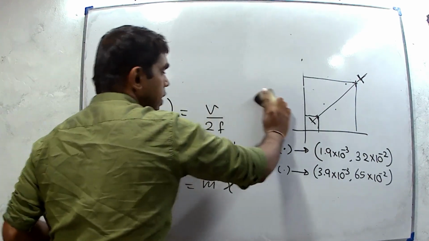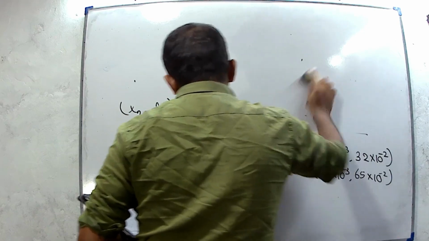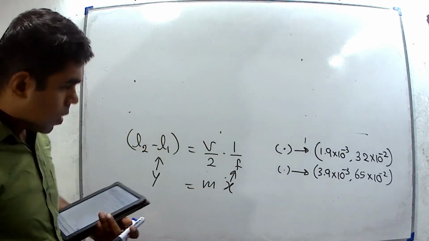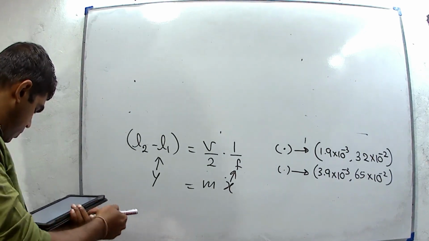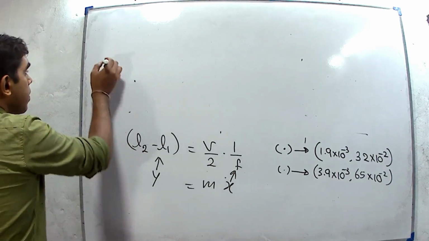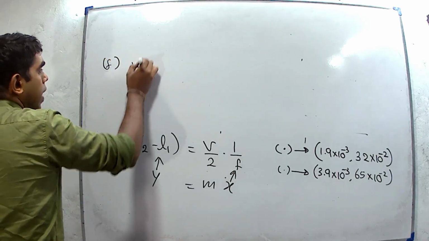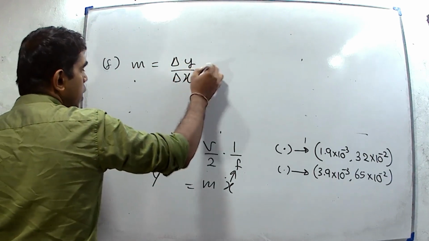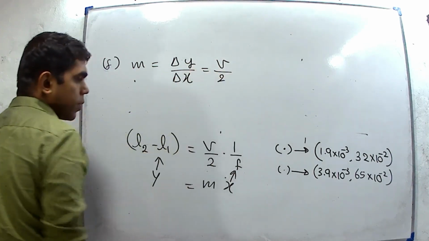We know that the gradient of the graph should be equal to V over 2. I will write the gradient. Part F. Gradient equals difference of y divided by difference of x. It should be equal to V over 2.